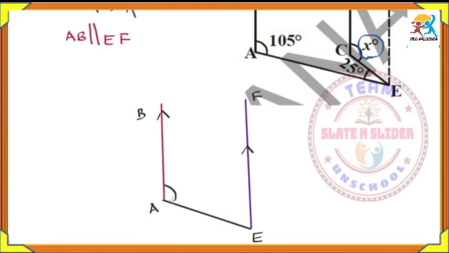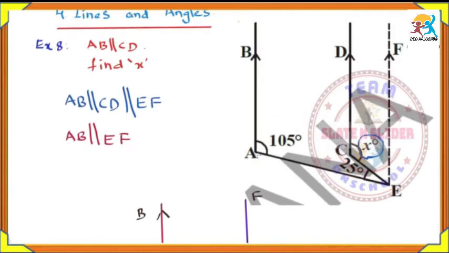Here already we have known the angle is 105 degrees, and this angle we don't know. So angle AEF, observe the figure, angle AEF, that means this total angle, this we have to find out.